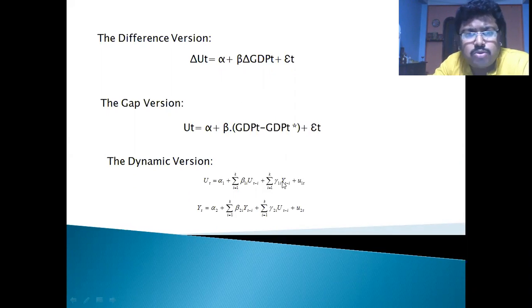Okay. Now the gap version. This is the gap version of Okun's law. This is the unemployment, this is the coefficient of Okun's, this is the constant part, and this is the gap between the actual GDP and potential GDP.